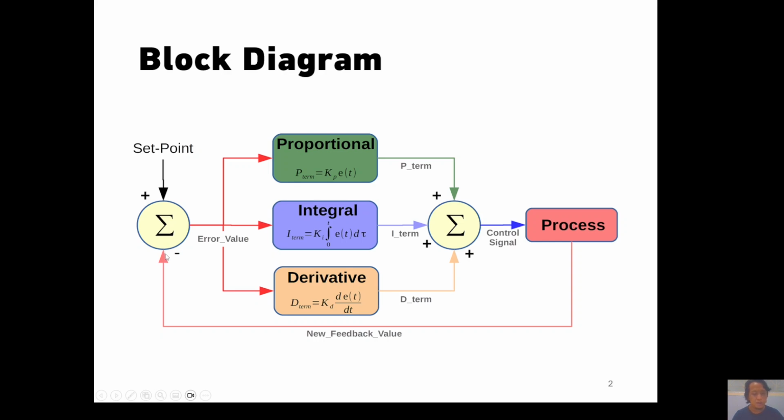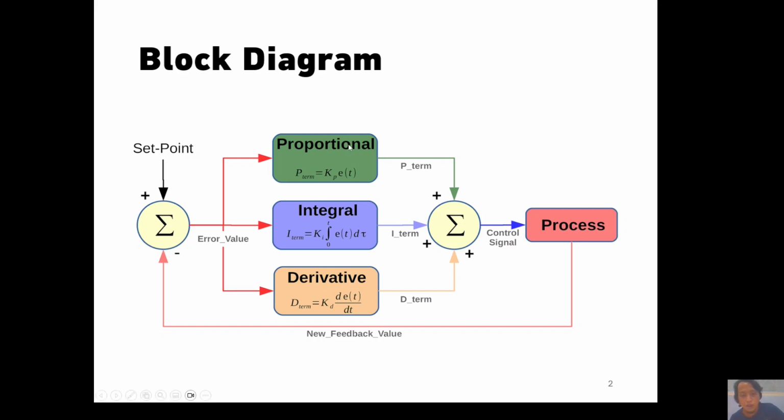After we sum the set point R of T and the process variable, PV, we get the error value, and the error value will be fed onto the PID controller.